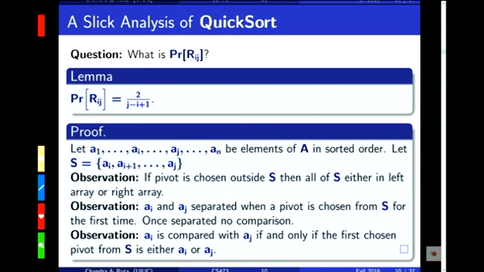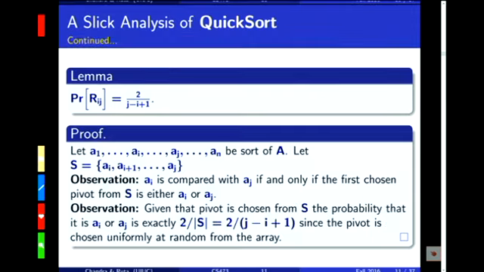So what am I saying? I'm saying that A_i is compared with A_j if and only if the first chosen pivot from S is A_i or A_j. Imagine that you are running this algorithm and you are also looking at the subproblem in every recursion level.